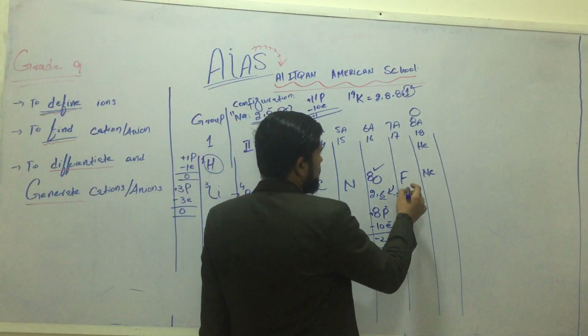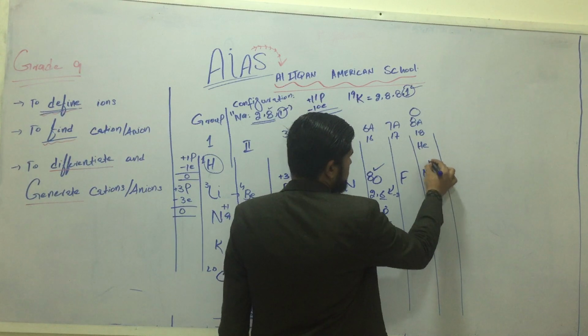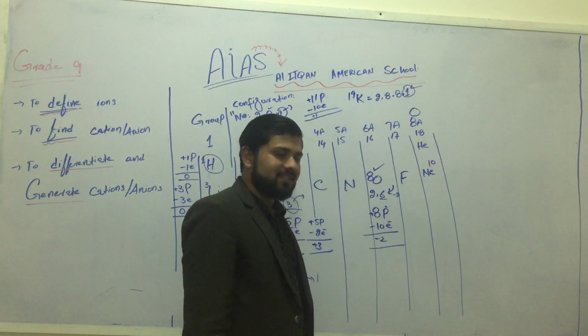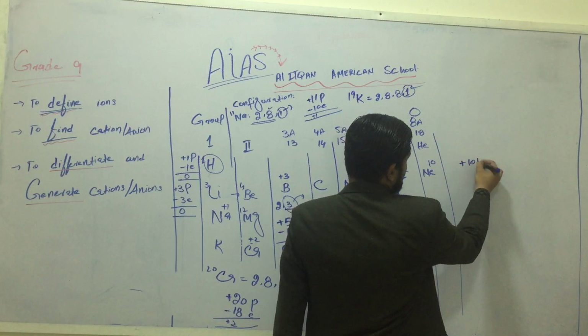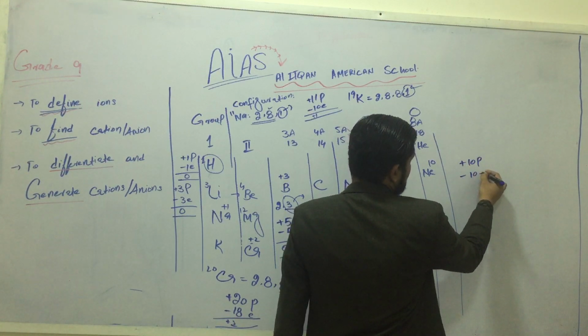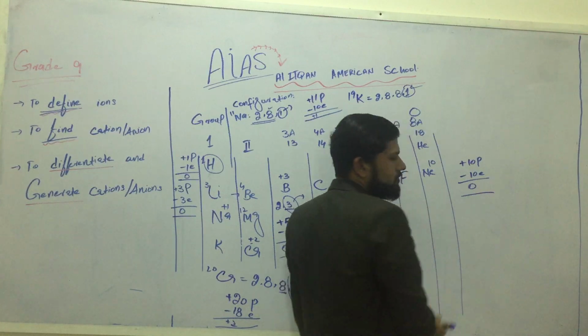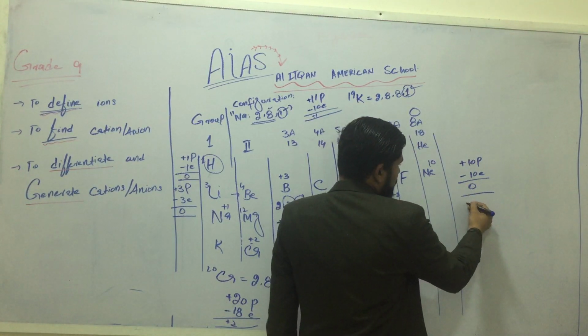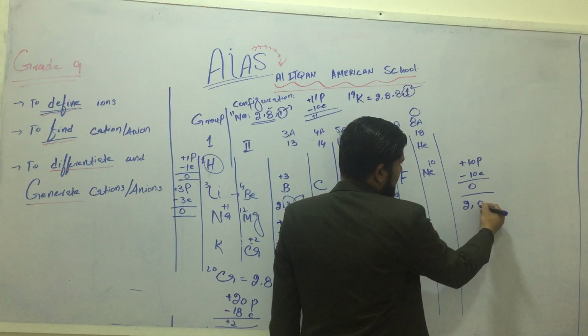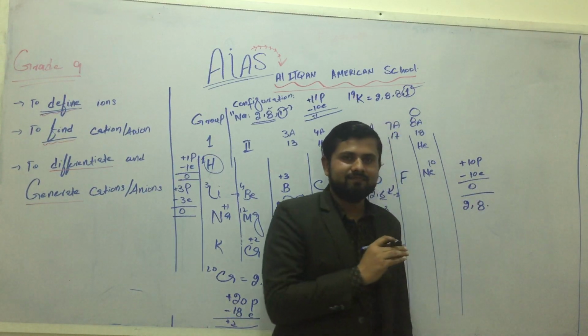Let's talk about neon. The atomic number is 10. Great. So if it's 10, it means protons were 10, electrons were 10. There was a neutral charge, but look at its configuration, 2 and 8. That's it.